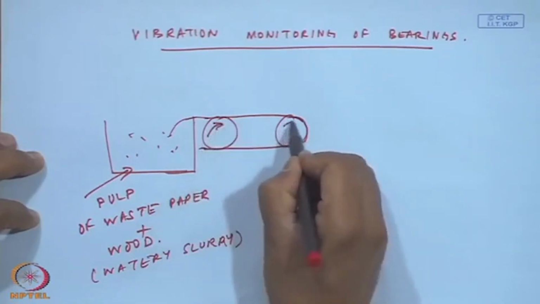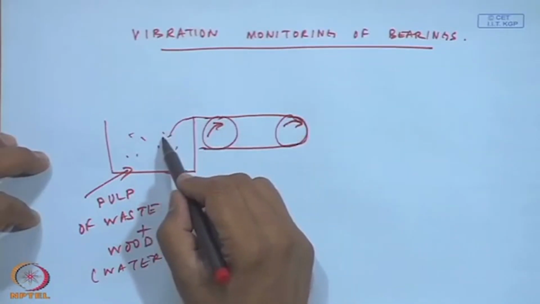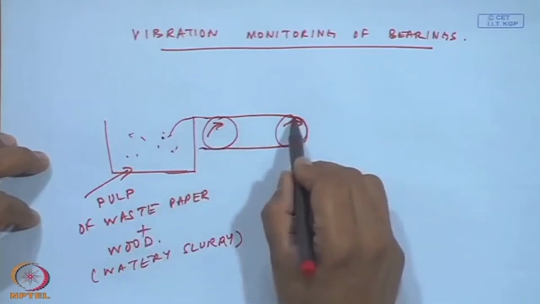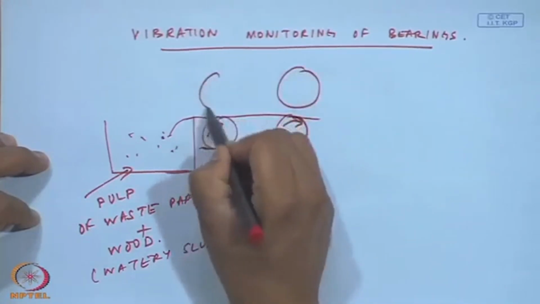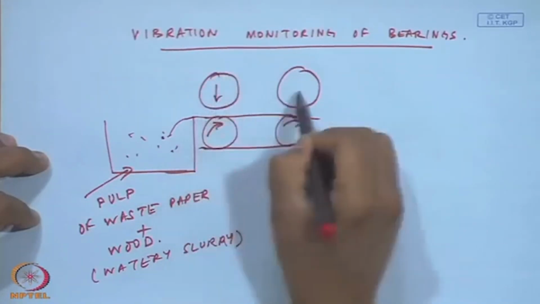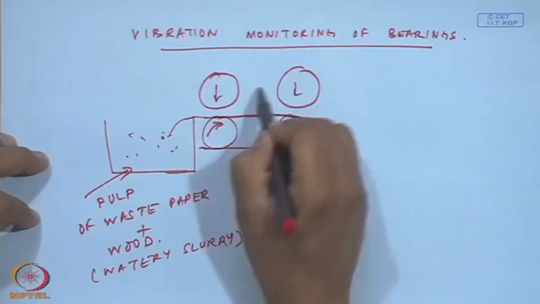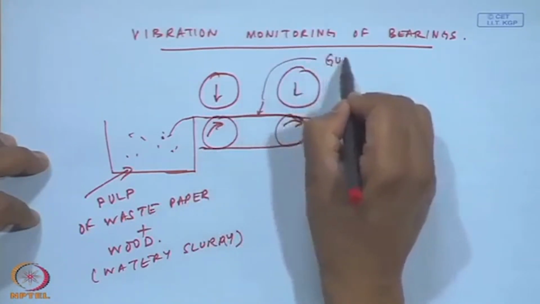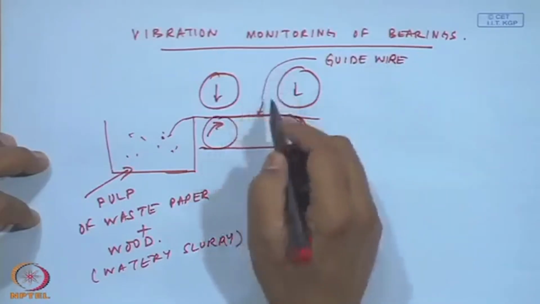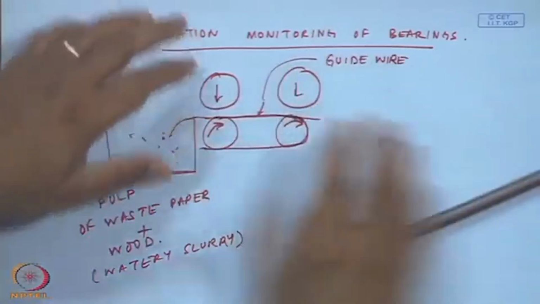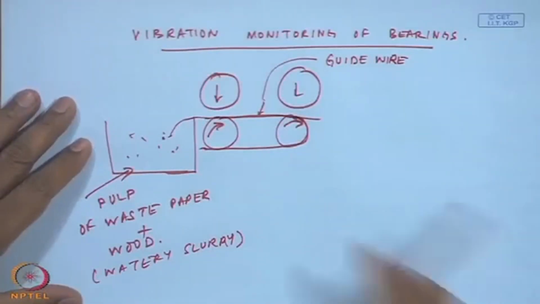And because there is a lot of water, this has to be pressed again by heavy rolls, and then there has to be a guide wire, and these rolls have to press against it as if you are squeezing the water out of it, and there will be a lot of water getting collected.